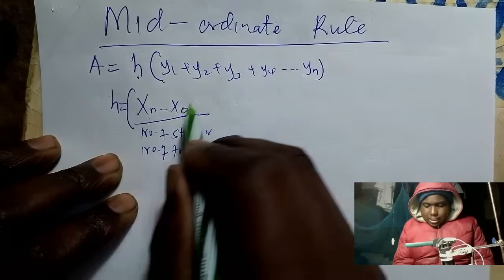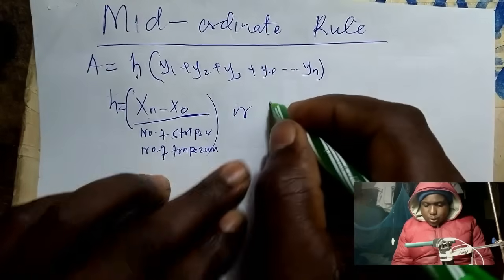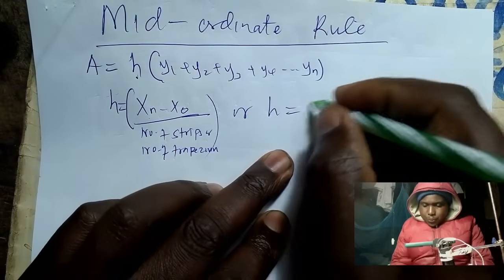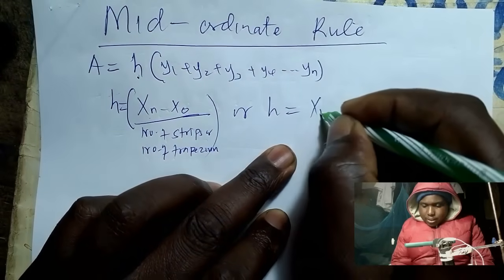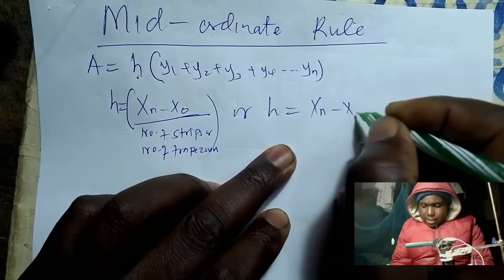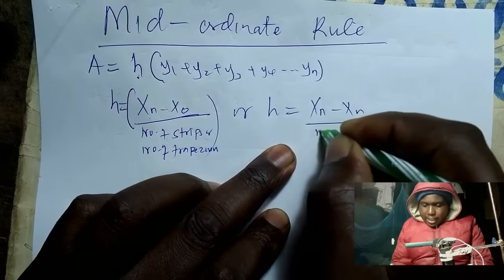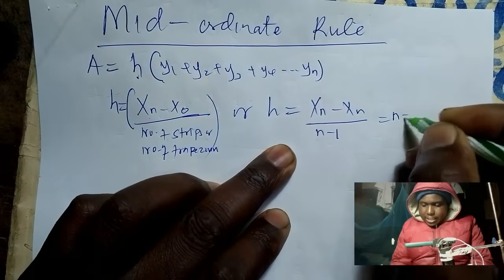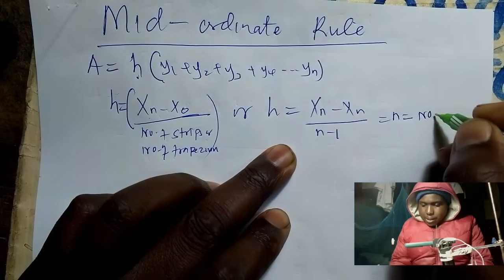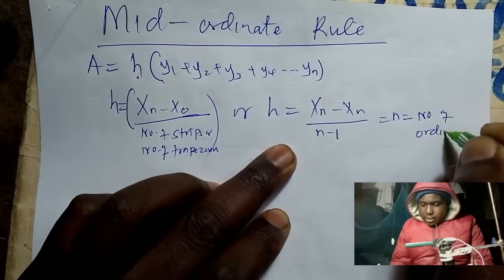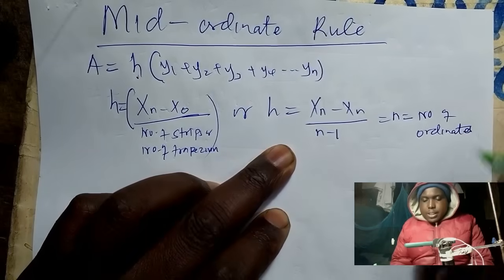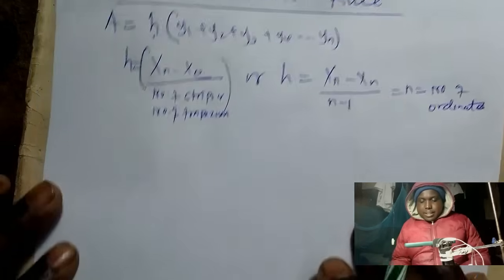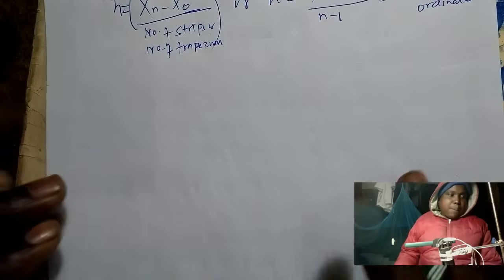Or h is equal to xn minus x naught divided by n minus 1, where n is equal to the number of ordinates. The same thing we have done, right? So I will use an example.